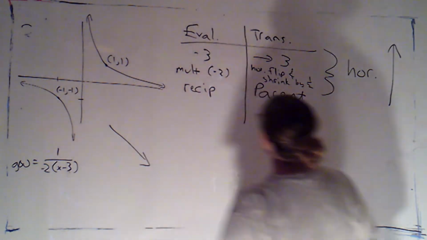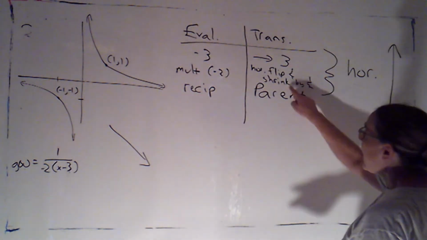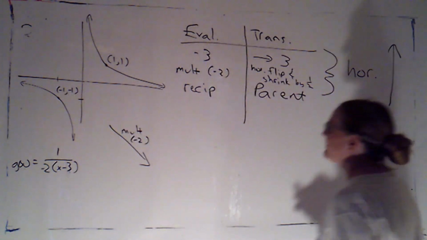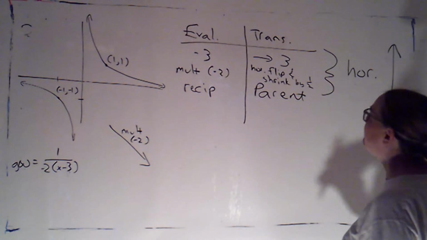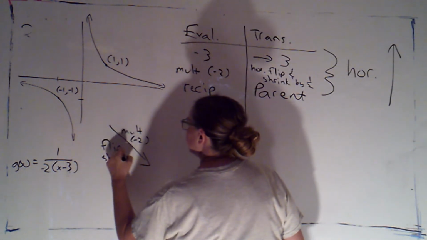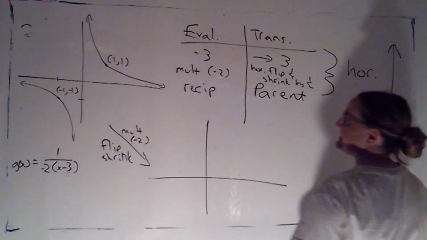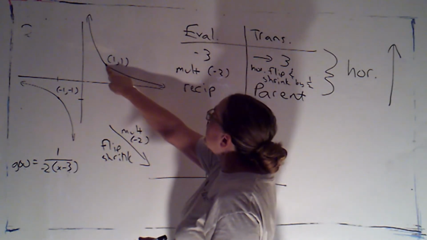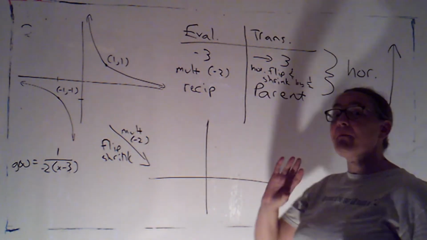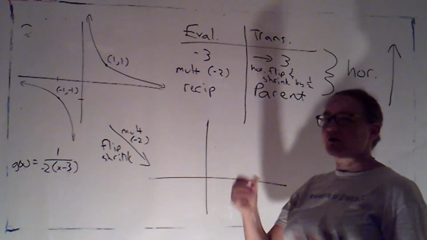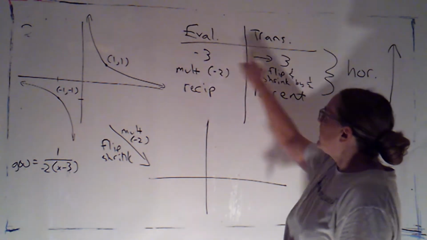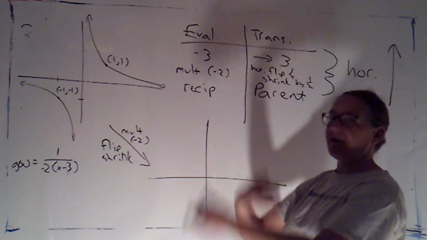So, starting with my parent function, I'll do the transformation corresponding to multiplying by -2 first, which is the flip and shrink. Let's see what happens. The x value is going to get multiplied not by -2, but by -1/2. I need to remember this is counterintuitive. Just like here, in order to shift 3 to the right, I'm not going to subtract 3, I'm going to add 3.